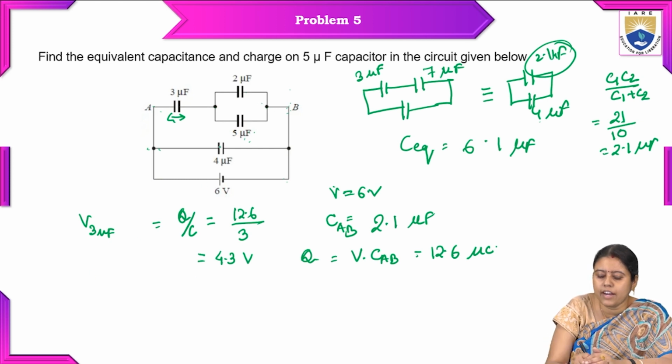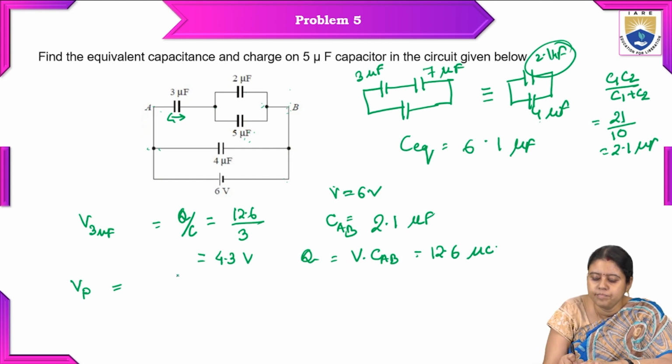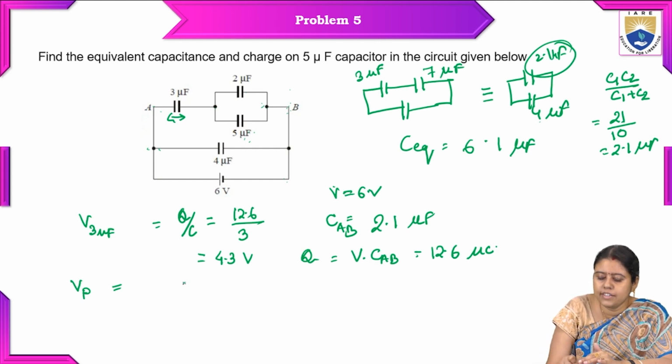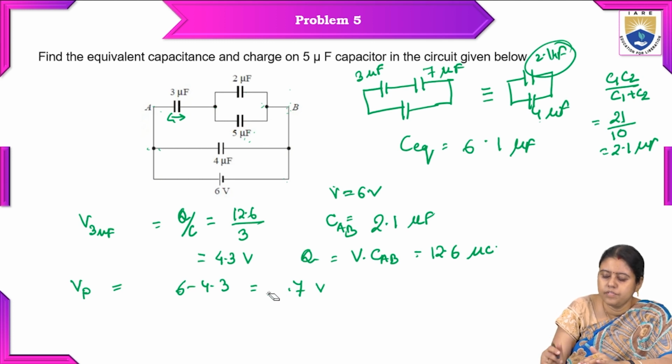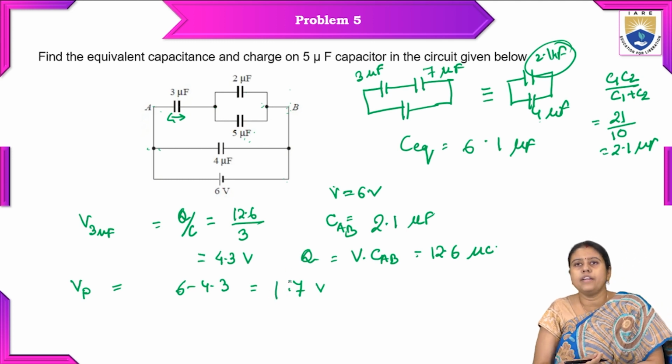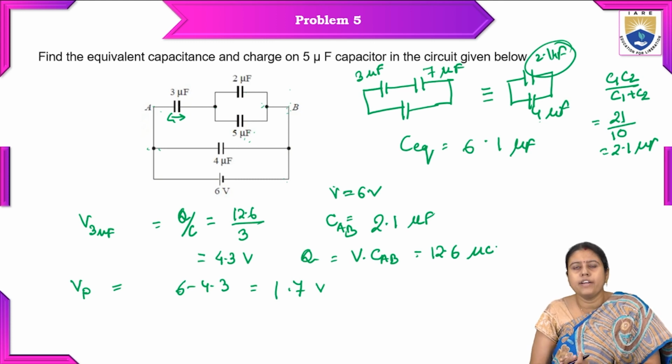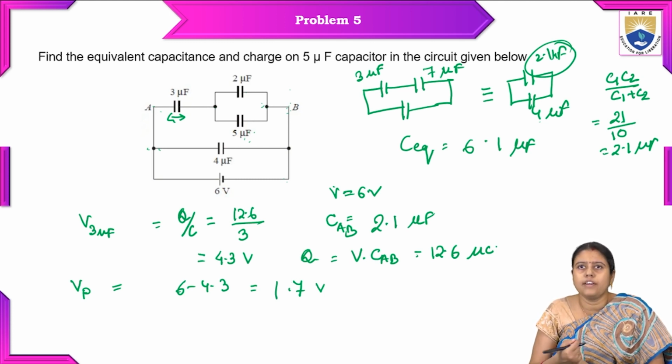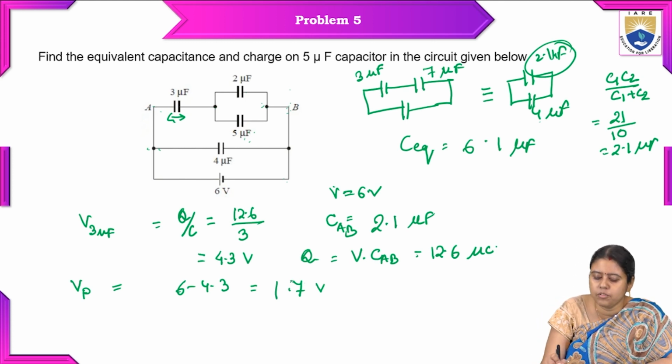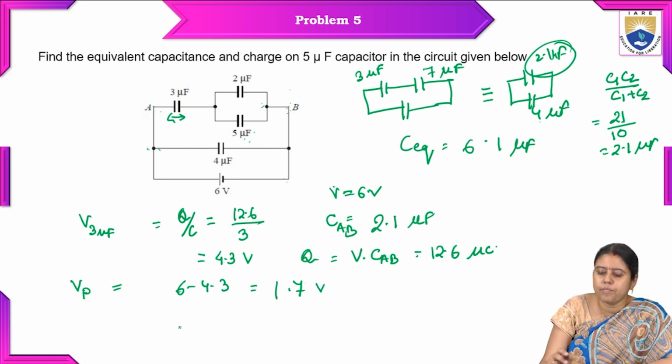So what is the voltage across the parallel line? 6 minus 4.3 is equal to 1.7 volt. Or we can calculate like this: 12.6 by 2.1. Whatever you feel you can use. So we got the 1.7 volt.